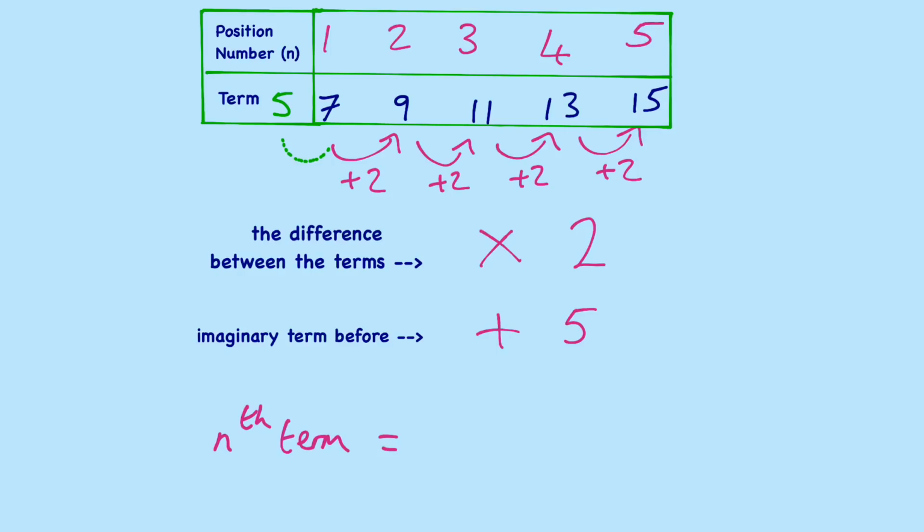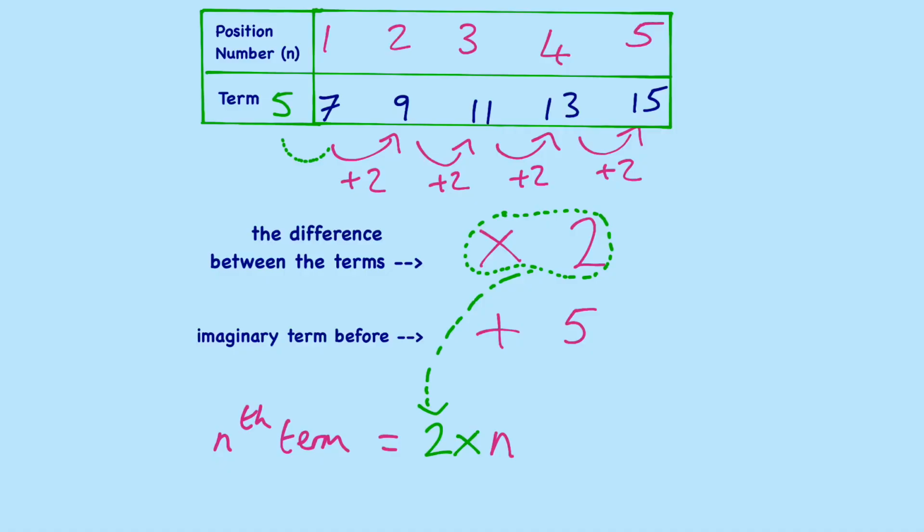Now the formula is going to be called the nth term formula, and the first thing we do is we write down n, then with the times by 2 I bring that down and multiply it by n. Now don't forget n is the position number, so where it is in the sequence.